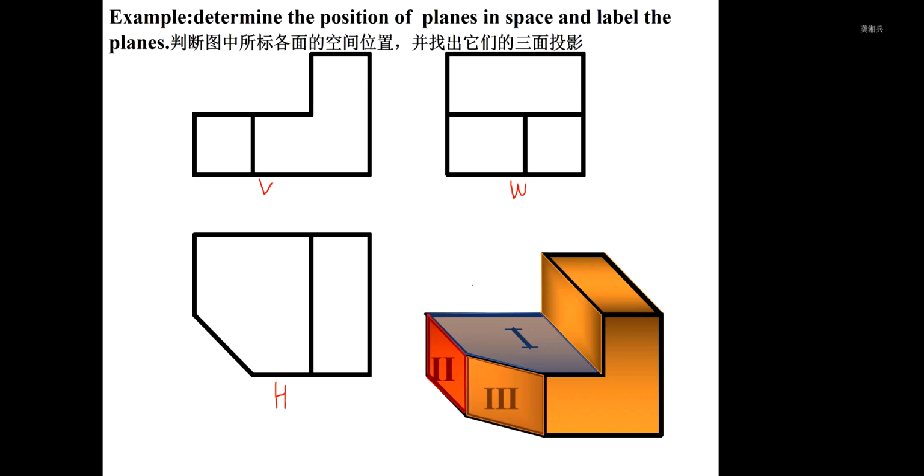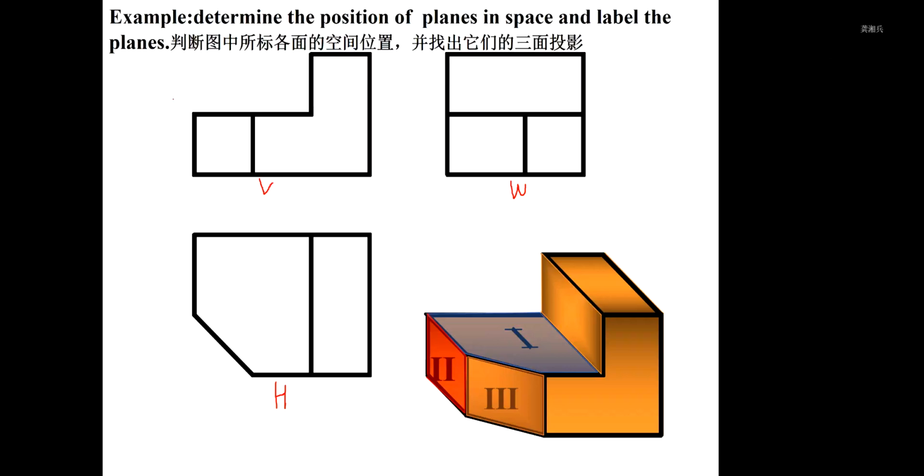Okay, maybe you have your answer in your head. So let's go ahead and find the answer here. For plane 1, from this direction you will find it is one kind of plane. Plane 1 is a horizontal plane, that's right, because this plane is parallel to H. Because it is a parallel plane, in the other two projection planes it accumulates to one line.